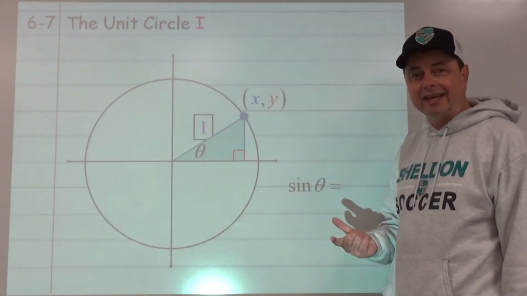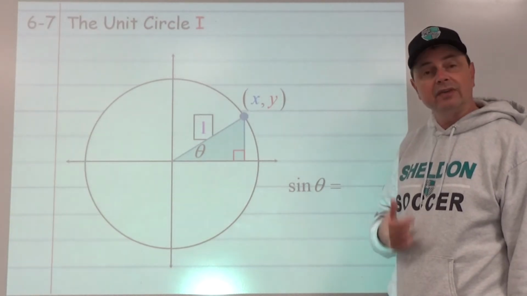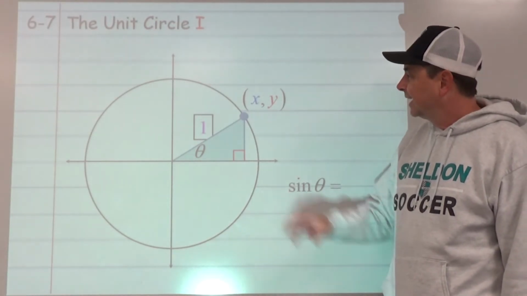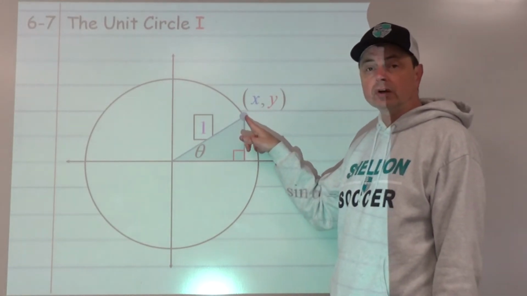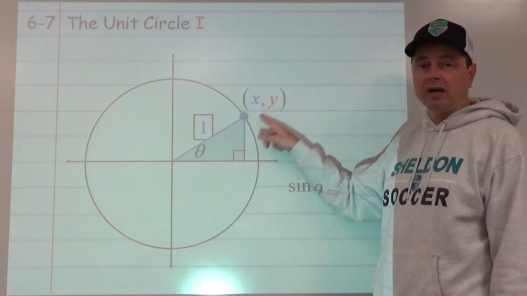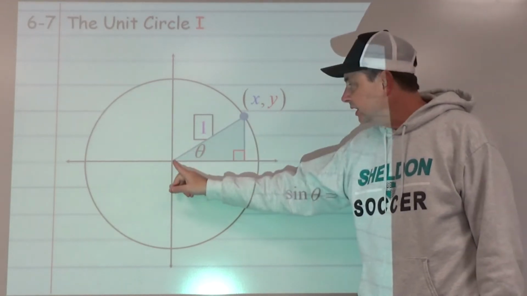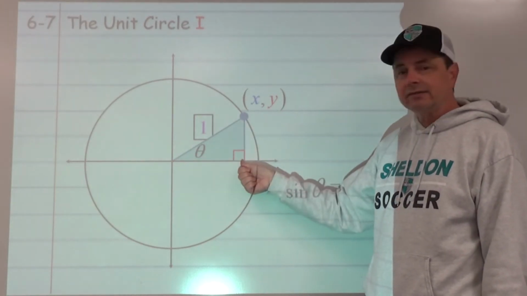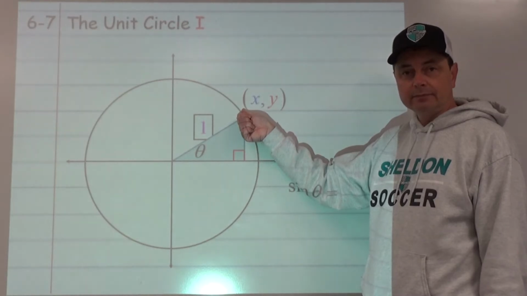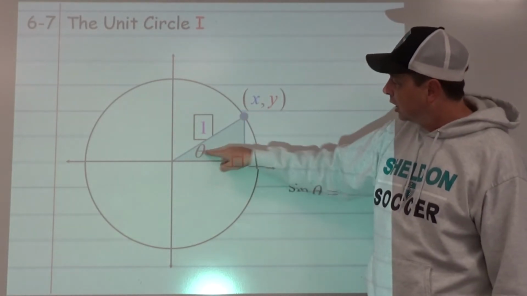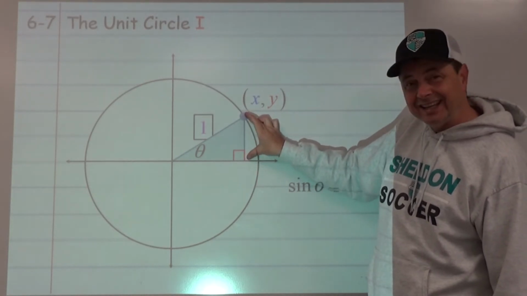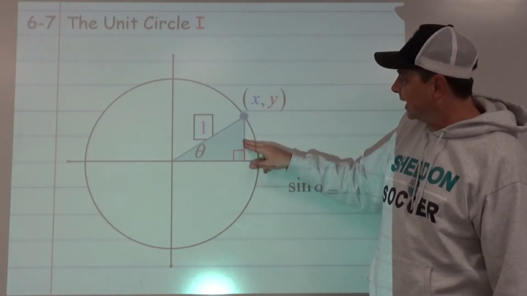We know that sine theta is going to be opposite divided by hypotenuse. And according to the coordinates of this point on the unit circle, x comma y, we've gone right x and we've gone up y. So opposite would be this leg here, which is y.